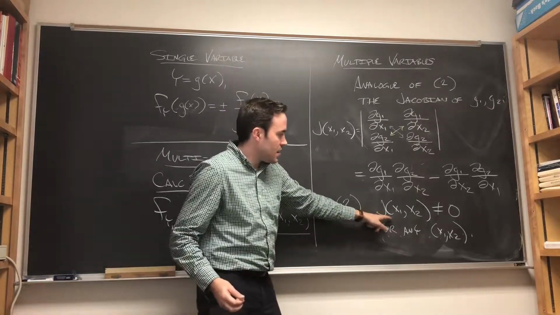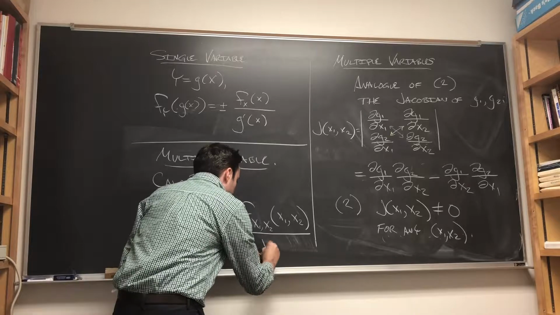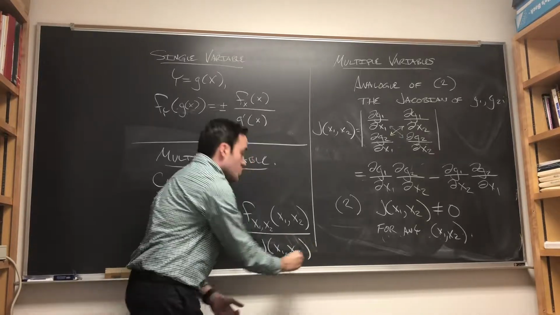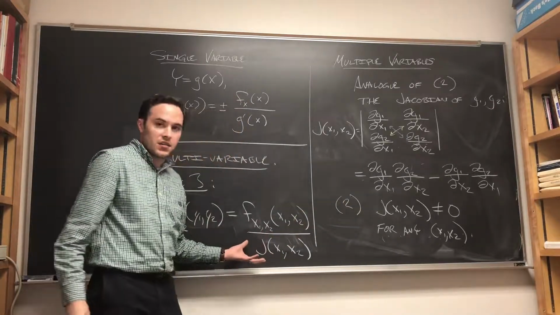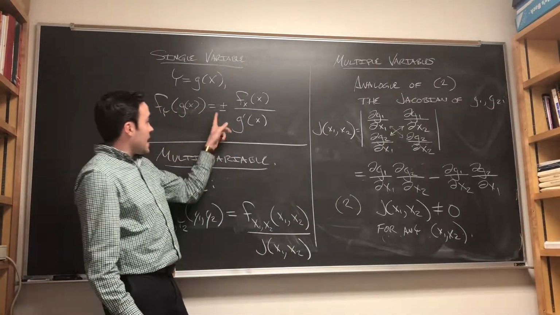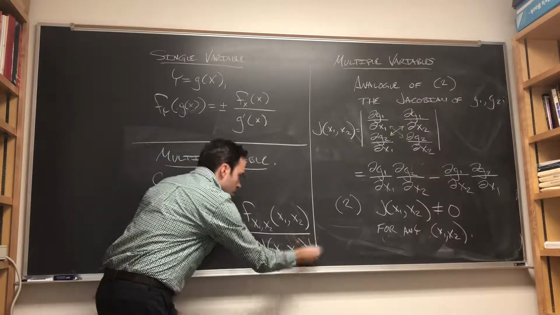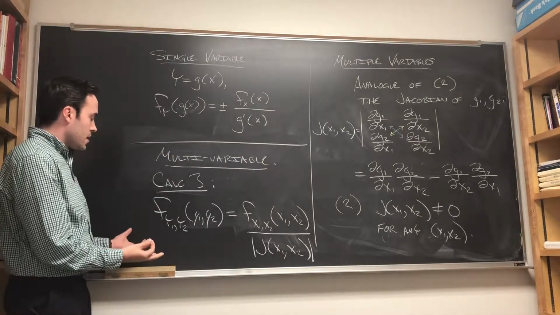What we have instead is this Jacobian. All right, so what we do is divide by the Jacobian, which we know by this assumption shouldn't be 0, which means that it's okay to divide by it. And the analog of taking plus or minus here is effectively just putting that thing in absolute values.